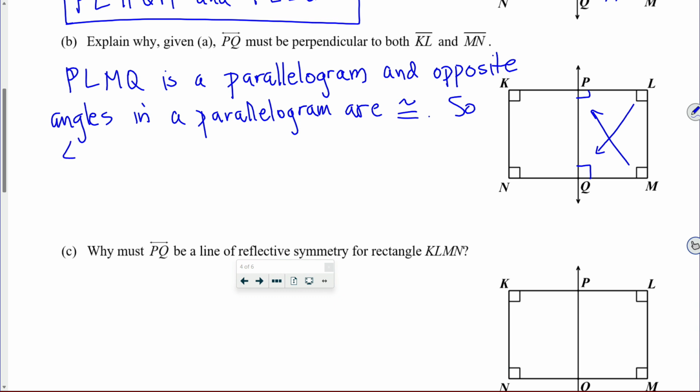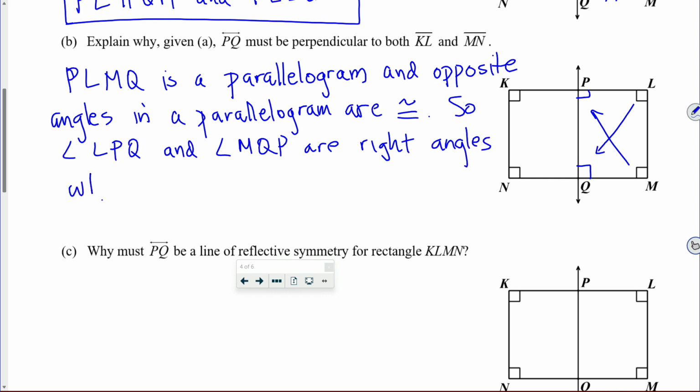So angle LPQ and angle MQP are right angles, which proves PQ is perpendicular to KL and MN.